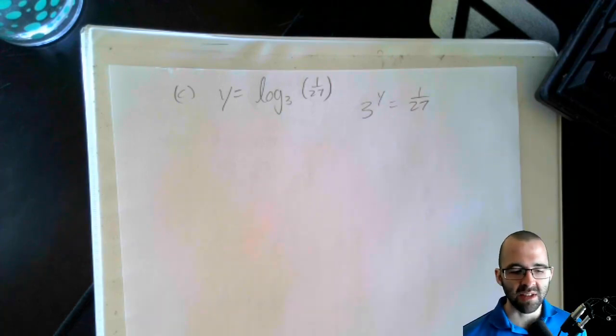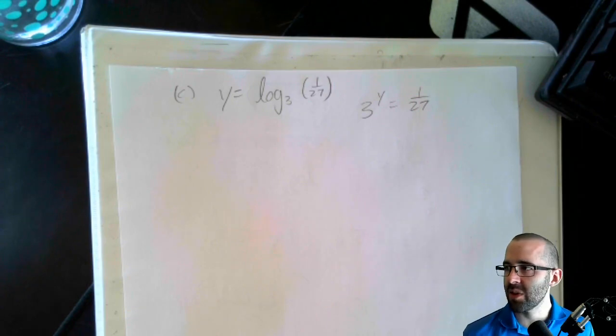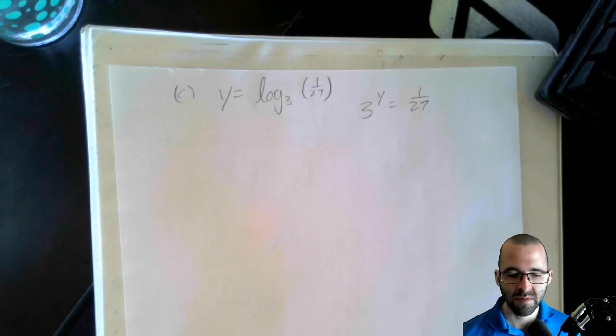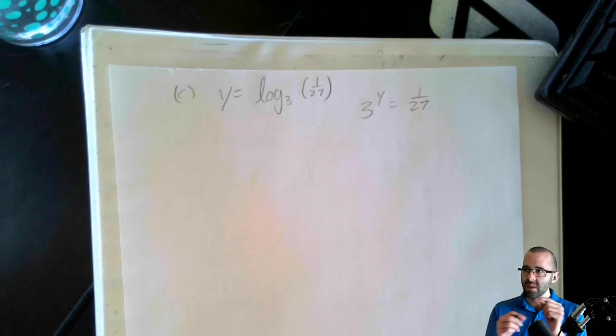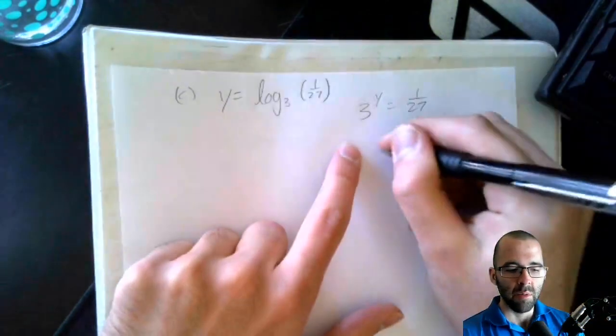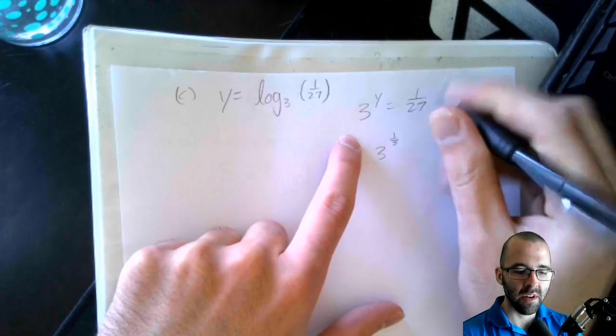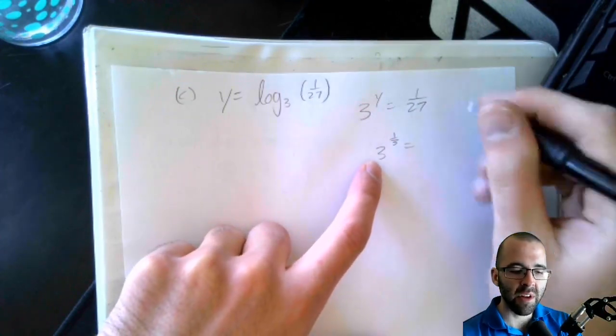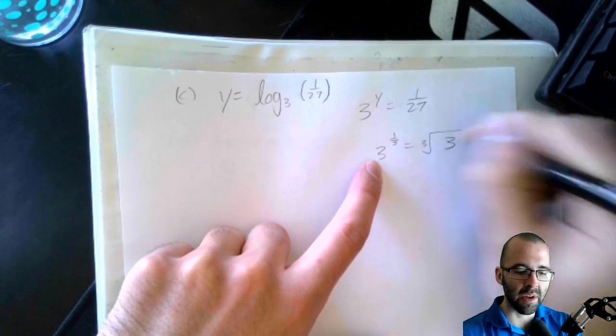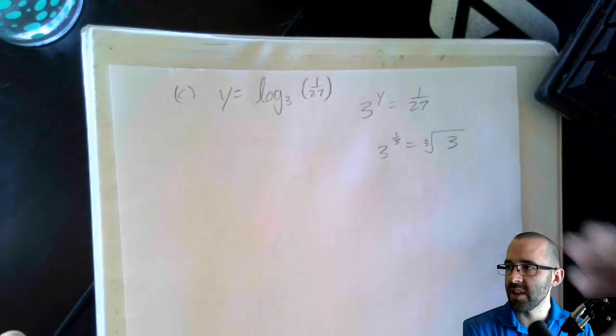But we need 1/27th. So the answer is not going to be 3. 1/3 is what it would be if it were flipped around. But 3 to the 1/3 is actually the cubed root of 3, which is not useful.